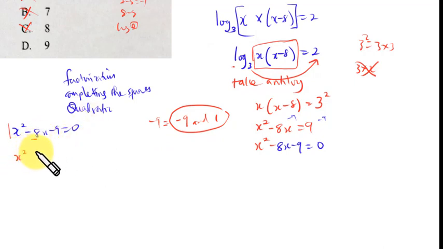So we put it here. So we have x squared, and in place of negative 8, I'm going to put these two there. I'm going to write either minus 9 plus 1, or I'm going to write 1 minus 9. Okay, so I'm going to put the first one there, minus 9 plus 1, but because we have negative 8x here, it's going to be negative 9x plus 1x. 1x is the same as x, so minus 9 equals 0.